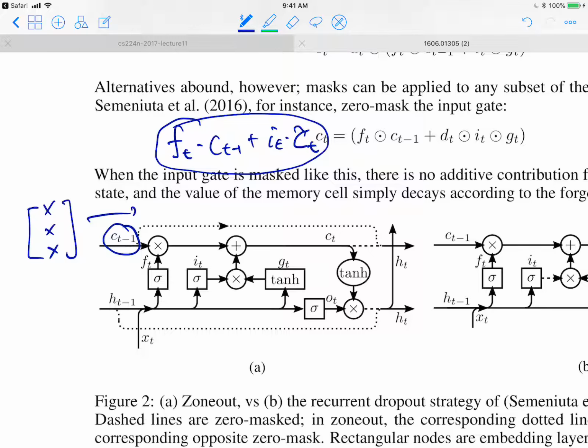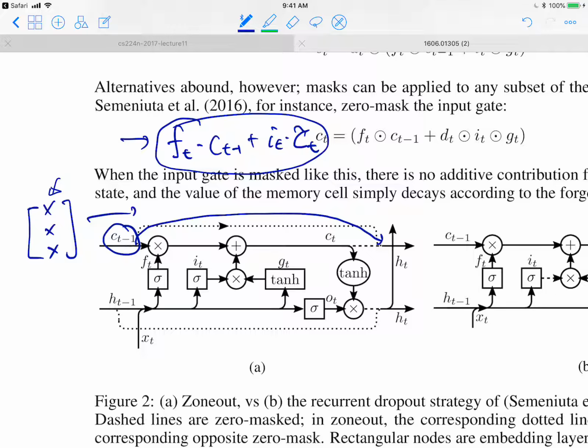So instead of removing some information in our previous cell state, we actually skip this kind of process, and then we just give it to the next time step.